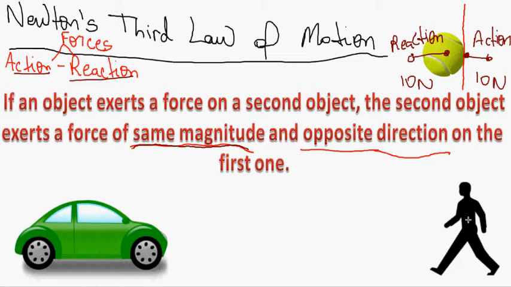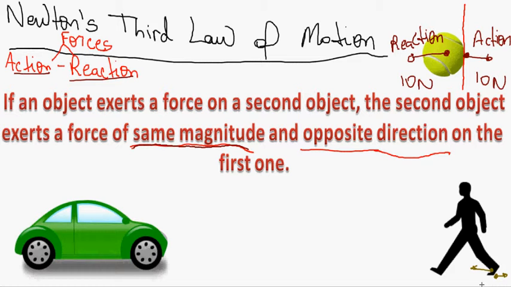And this is how you walk. Imagine when you are walking, this is what really happens. You push the floor back and then the floor pushes you forward. Notice that you are really pushing the floor back, and then you go forward because this is the reaction to your action.